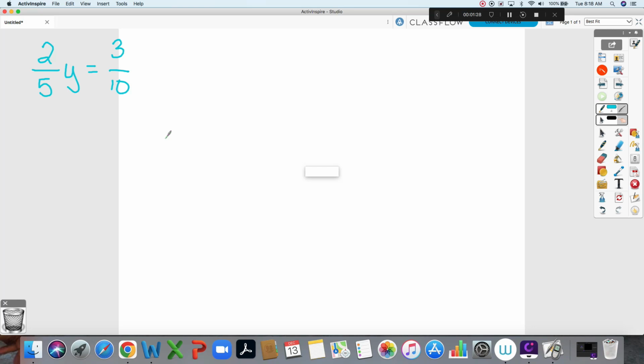Divide by 2/5. How do I divide fractions? Flip the second fraction and multiply.